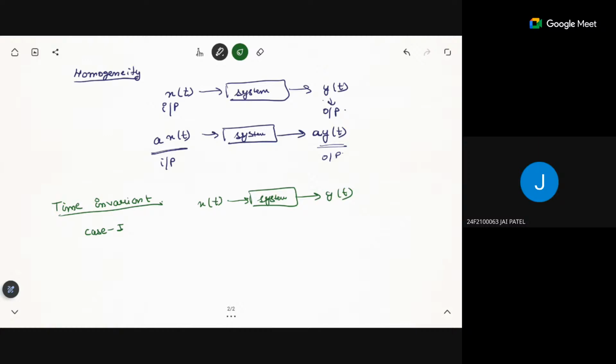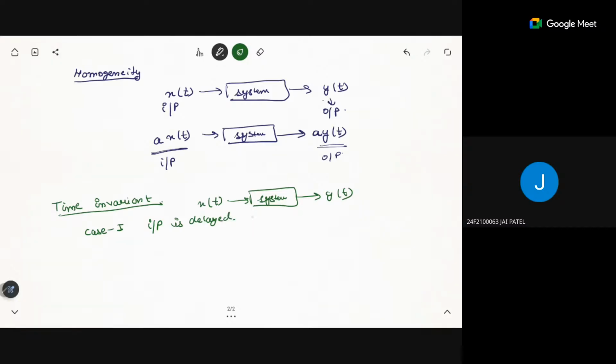In the first case, we will delay the input by some delay, or advance; we will just have a shift. I'm taking the case of delay, but you can always take the case of advance also.